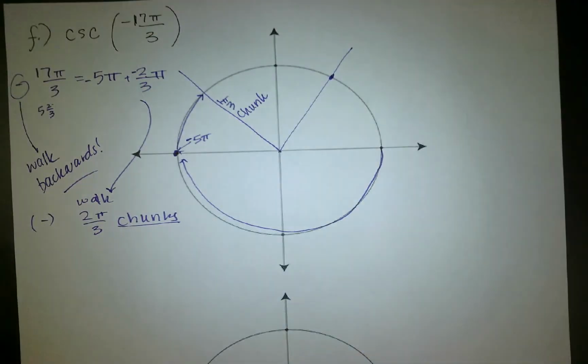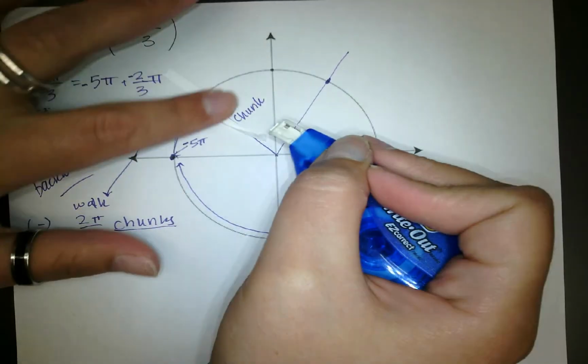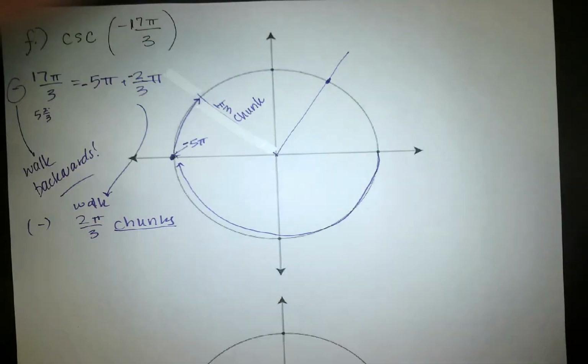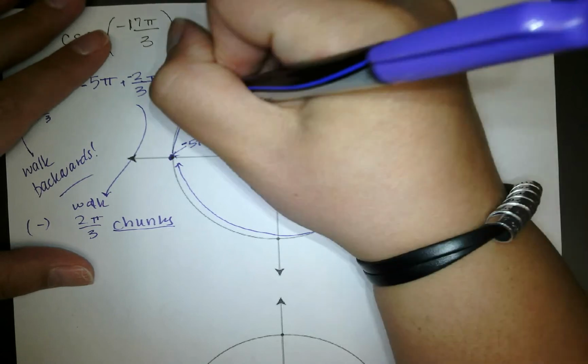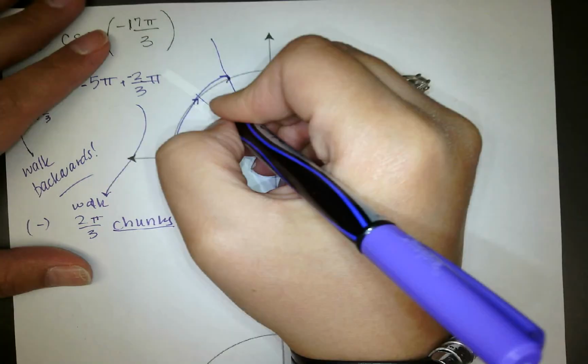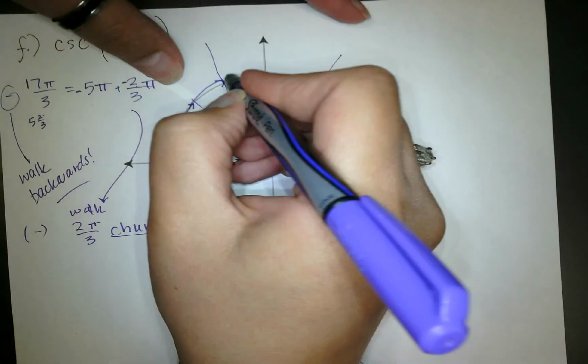Guys, I did pi over 4. I was like, man, why does that look weird? Thankfully I have whiteout. This is a pi over 3 chunk. 1 pi over 3 chunk. There's 2 pi over 3 chunks.